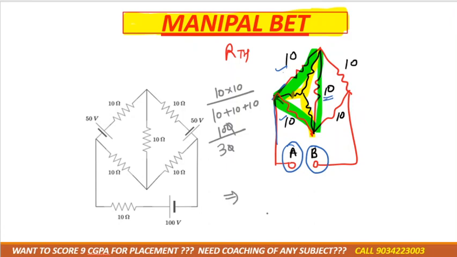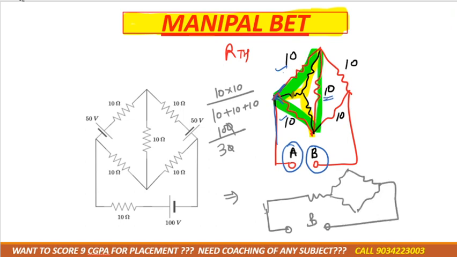Now if I redraw the diagram, the diagram would look like this. Correct? This 10 ohm and just converted star, right?